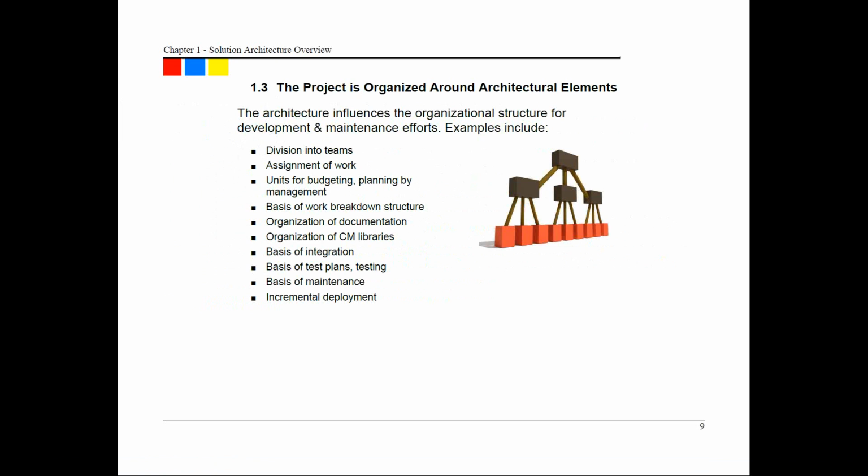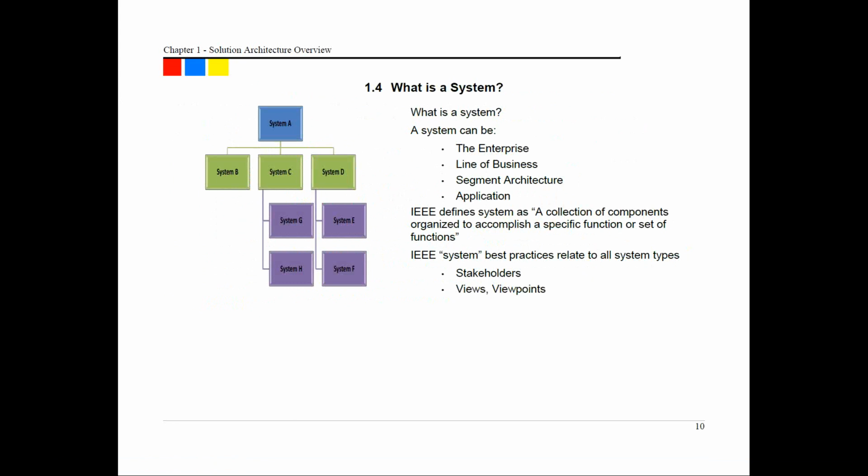So we can use that to organize our artifact storage, our source code management, the division into teams, the assignments to teams, the communication structure between teams, and the organization of documentation, libraries, and testing. We talk about component test, then integration test, then system test, and then final quality assurance. Really, we're moving up the tiers of architecture.